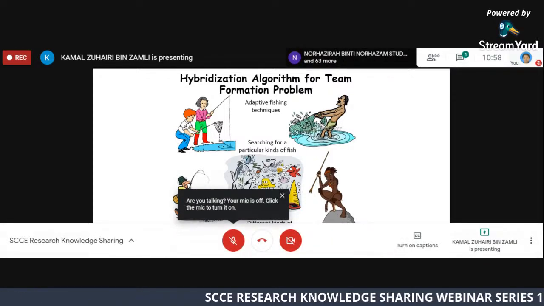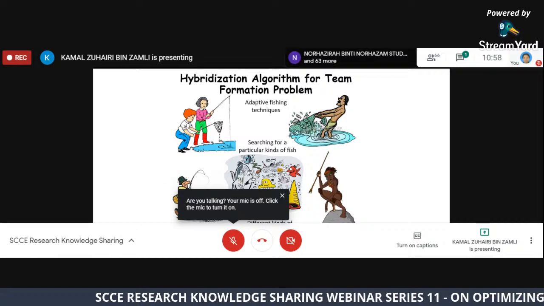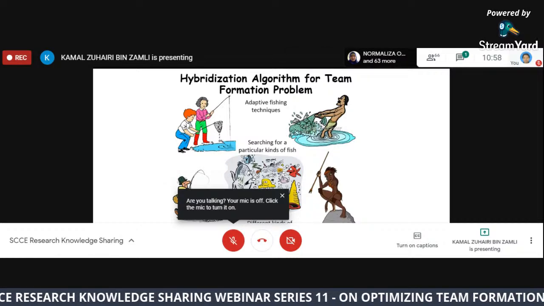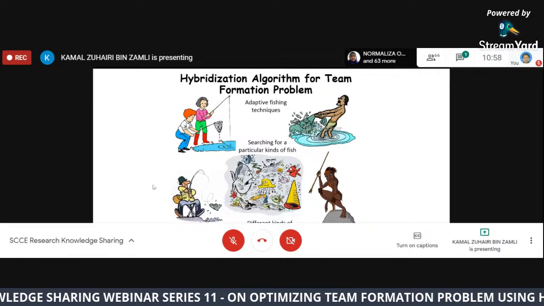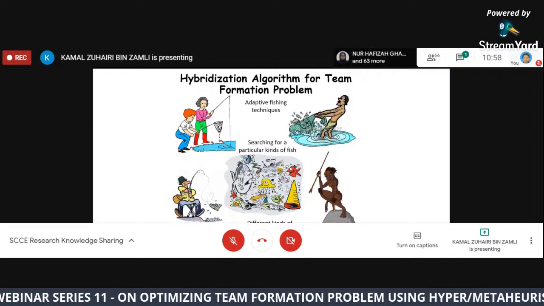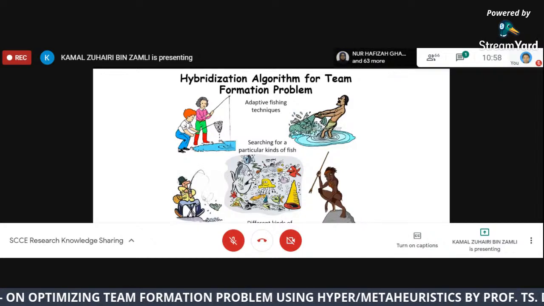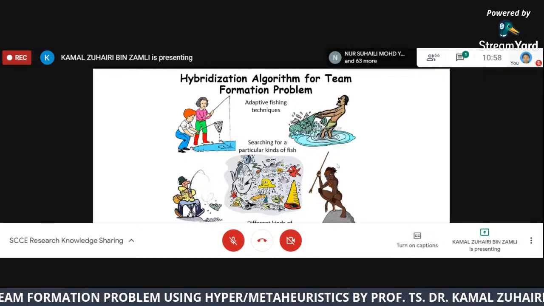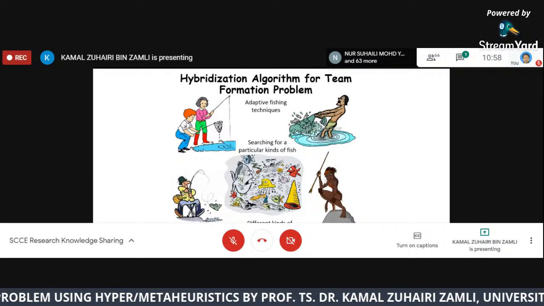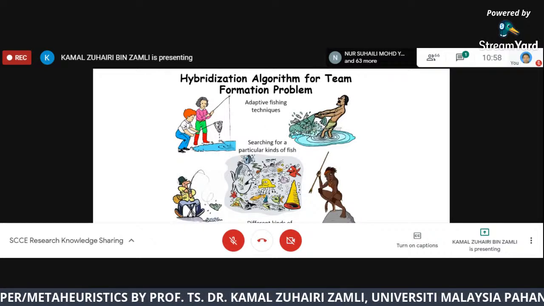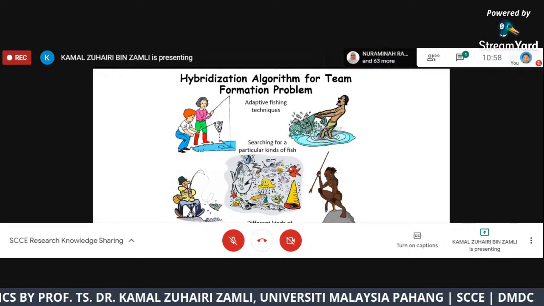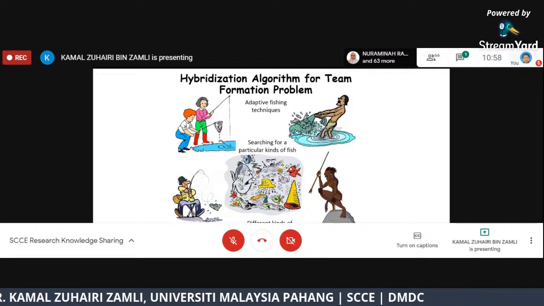A few years ago. So if you imagine that this is a GA, this may be a PSO, this may be a cuckoo search algorithm, this may be a BAT algorithm. So different algorithms have different ways of updating the current solution to the next solution.